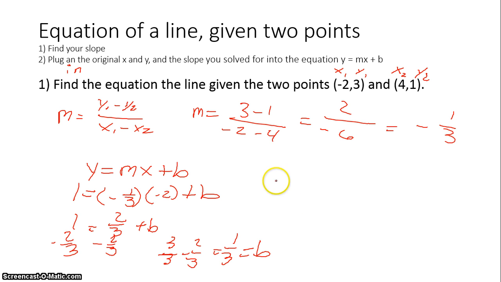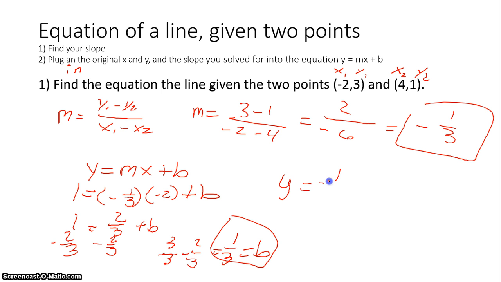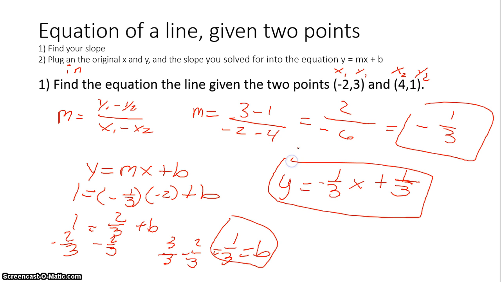So our full equation, given our m and our b, is y equals negative 1/3 x plus 1/3. And there we go. That's how you get the equation of a line given 2 points.